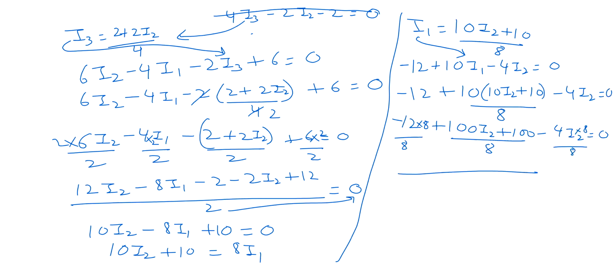You will get 96 minus 96 plus 100i2 plus 100 minus 32i2 equal to 0. So this 8 multiplied with 0, it will become 0. So I will get here 100 minus 32.